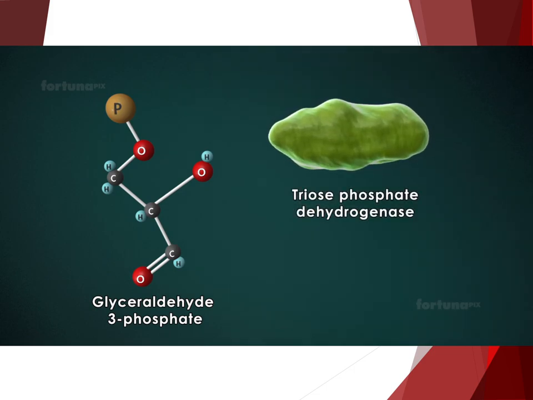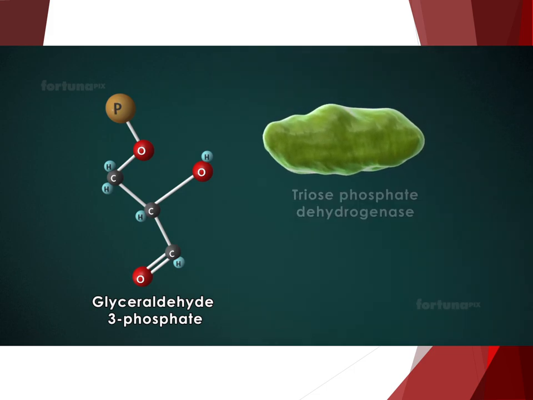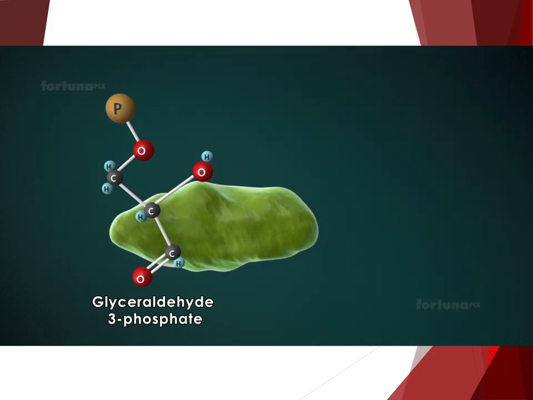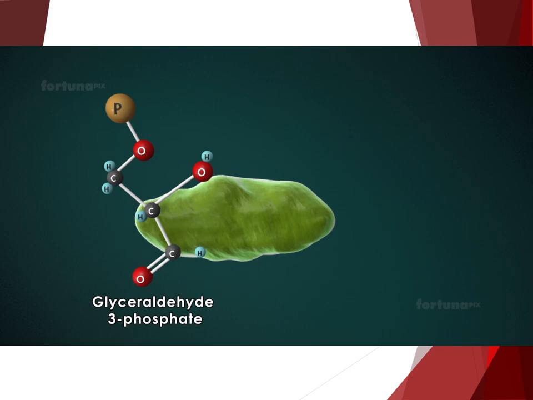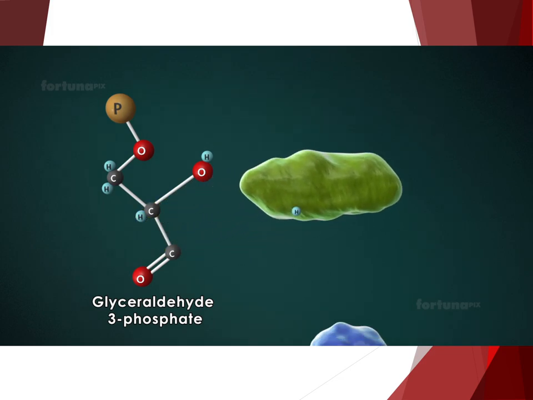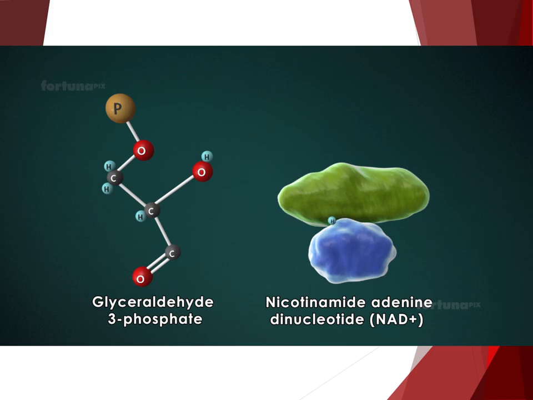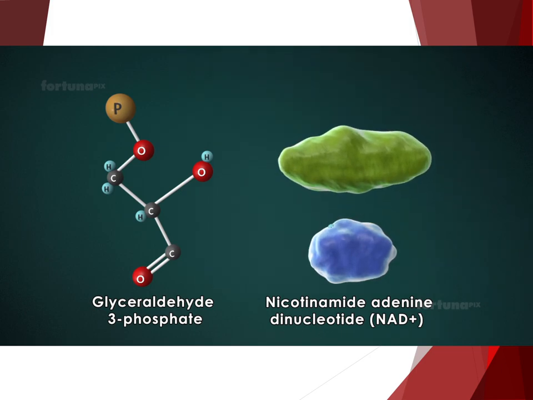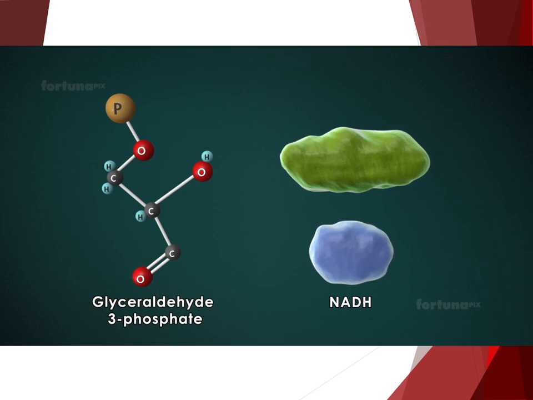The triose phosphate dehydrogenase enzyme will shift a hydrogen from glyceraldehyde 3-phosphate to nicotinamide adenine dinucleotide, NAD+, oxidizing the G3P and reducing NAD+ to NADH.